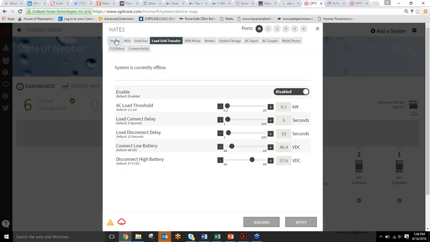They may see that target as differently as several minutes apart, depending on how things are set up, and so they may still be doing an absorb when the other one goes to a float charge, especially if you're using something like HBX, or mini grid mode, or any of those modes that have to do with state of charge on the batteries.